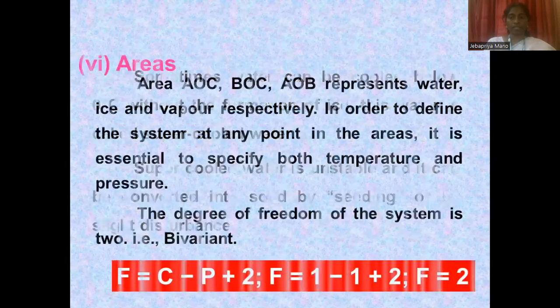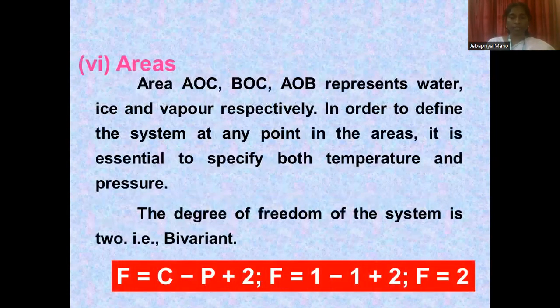Then the areas. I already told you there are three areas under the curves: AOC, BOC, and AOD. These are the areas at which only one phase is present. So the number of phases in the areas is 1, and it is a one component system. When we apply the phase rule, the value of F becomes 2, which means we are in need of two independent variables to explain the system.